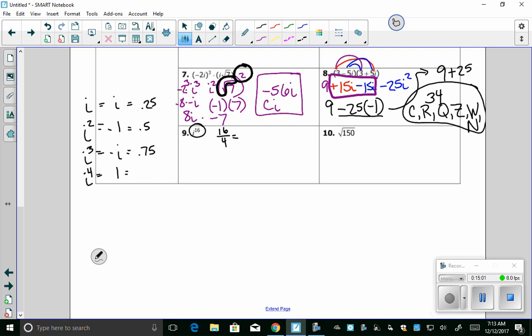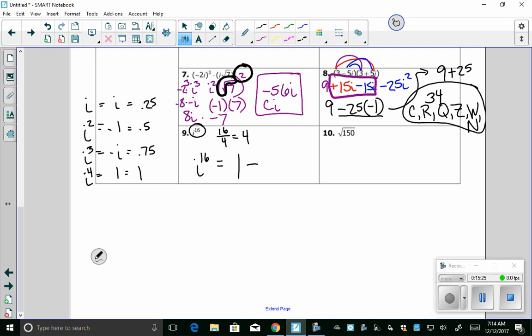And if you get a whole number, you use i to the 4th. So when I do 16 divided by 4, I get 4, which is a whole number. So I'm going to say that i to the 16th equals positive 1.